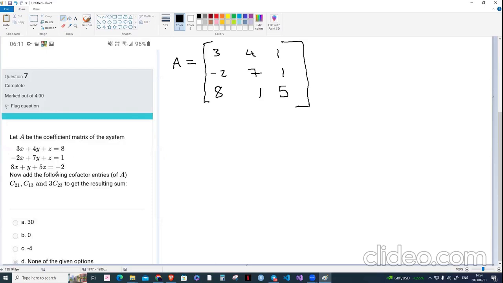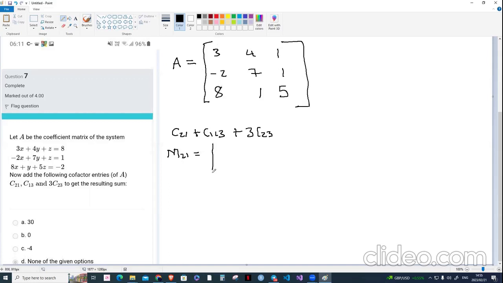Now add the following cofactor entries of A. So we need to add C21 plus C13 plus 3 C23. But before we can do that, we need to find what these numbers are. And in order to find cofactors, you need to find minors. So I'm going to find the minor M21, which is equal to, cancel row 2, then cancel column 1.